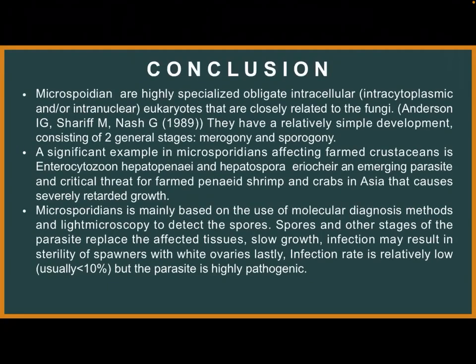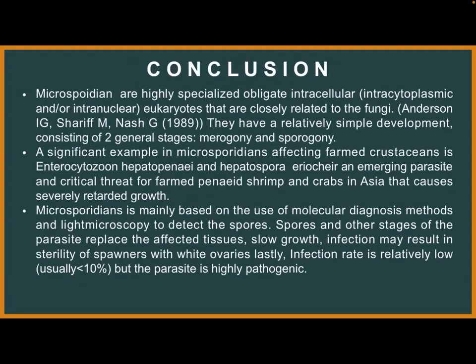In conclusion, based on the results and discussion, microsporidians are highly specialized obligate intracellular, intracytoplasmic, and or intranuclear eukaryotes that are closely related to the fungi. They have relatively simple development consisting of two general stages, merogony and sporogony.